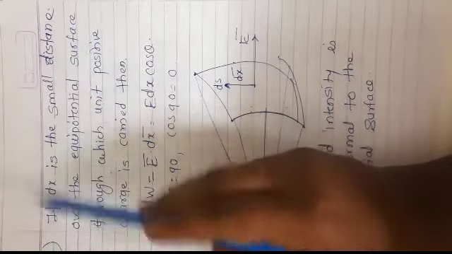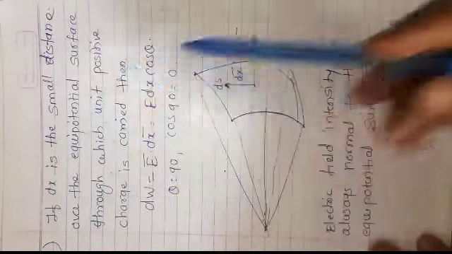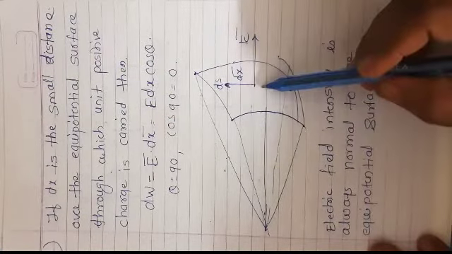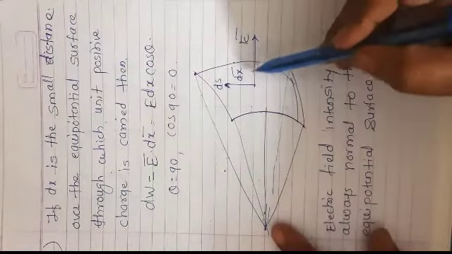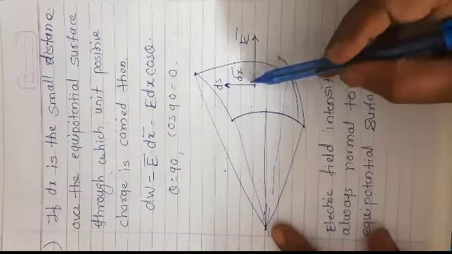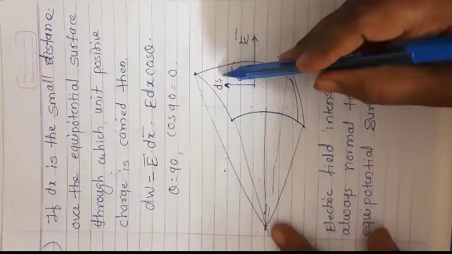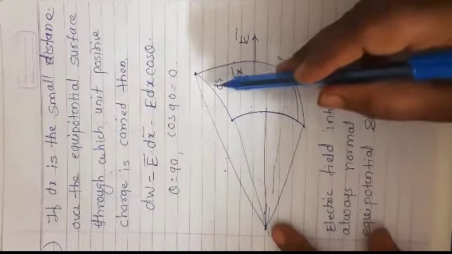No work is required. If dx is a small distance over the equipotential surface, here we consider the next diagram of the equipotential surface. Here dx is a small distance through which the unit positive charge is carried.